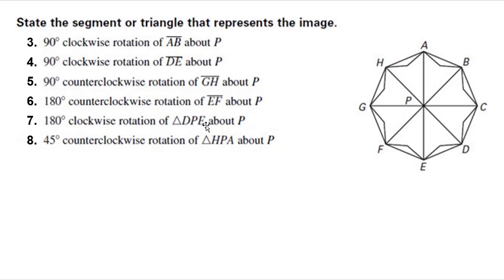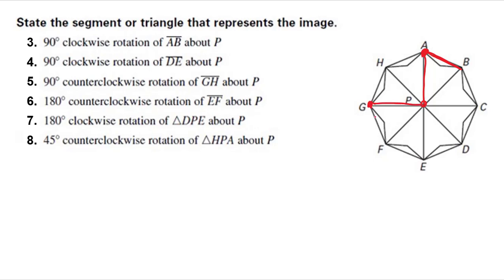Okay, this is the fun part, I think, now looking at this picture. That picture is super symmetrical. So I want a 90 degree clockwise rotation of AB around point P. So this segment has a 90 degrees. Look at where A is and look at where P is. How could I get point A rotated 90 degrees?